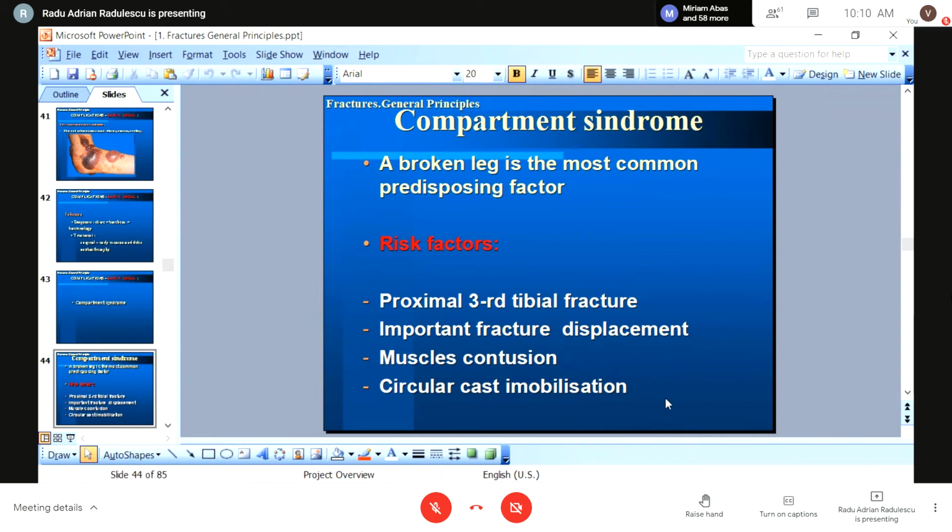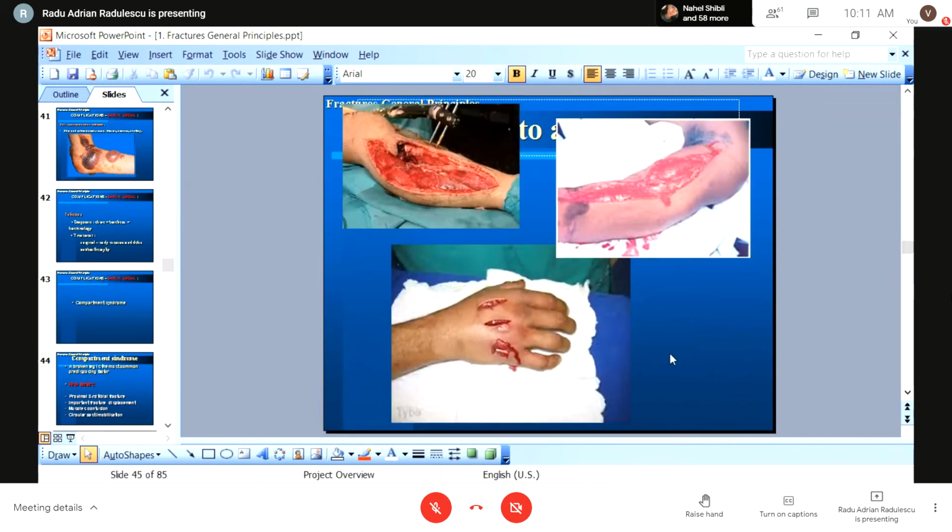It is important to take care of all the risk factors that may lead to this syndrome, like the fracture displacement and especially too tight cast immobilization of the segment, which may be responsible for developing this syndrome. Here are some pictures.